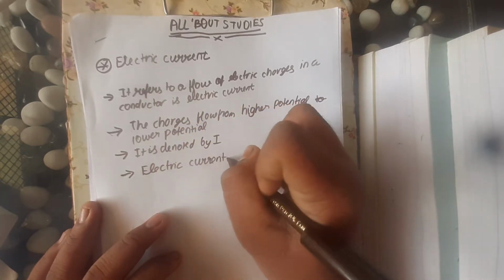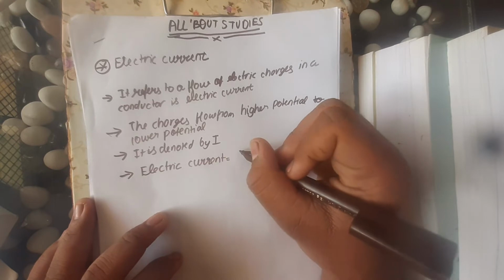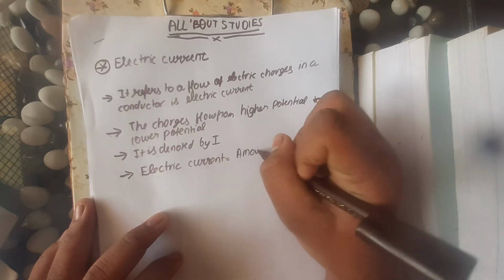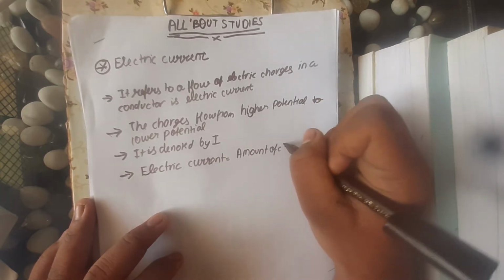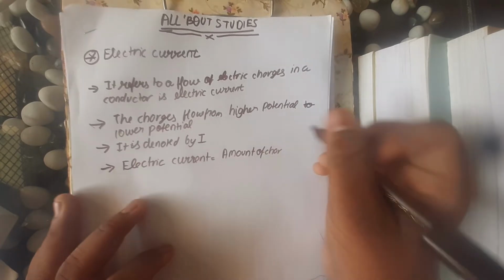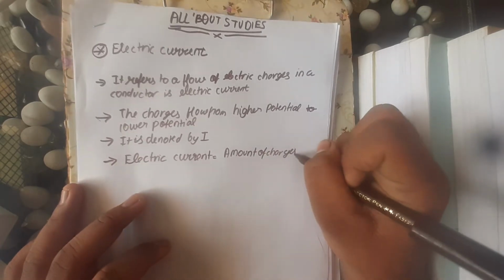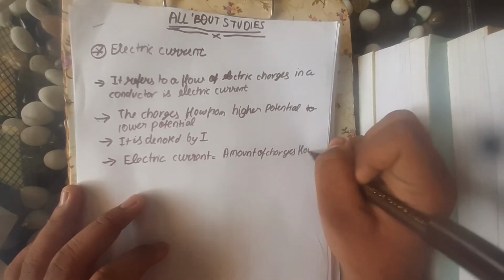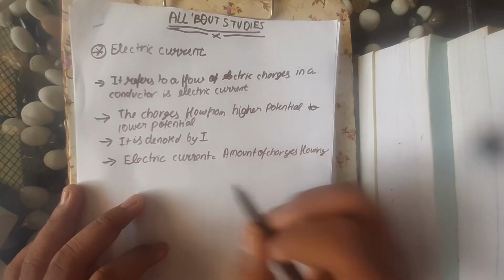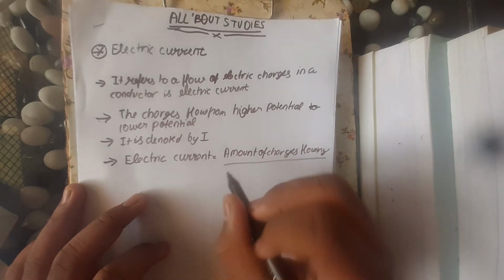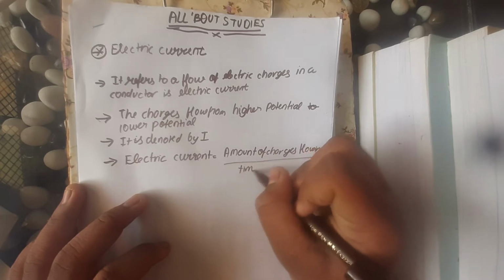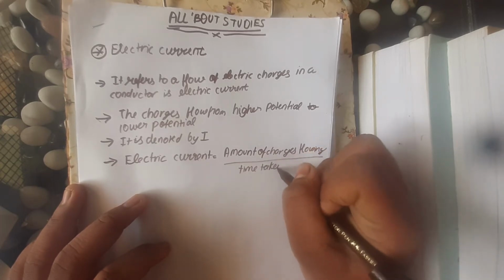So, electric current is equal to the amount of charges flowing upon the time taken, that is in seconds.